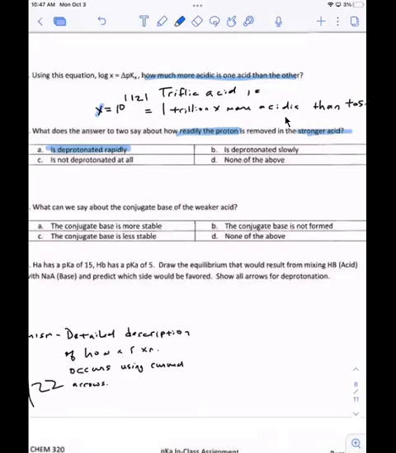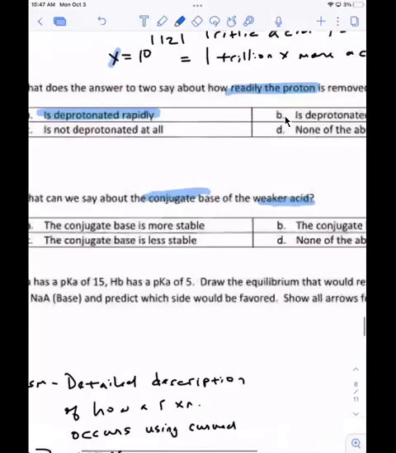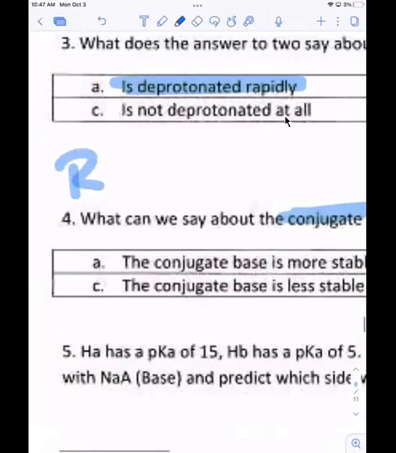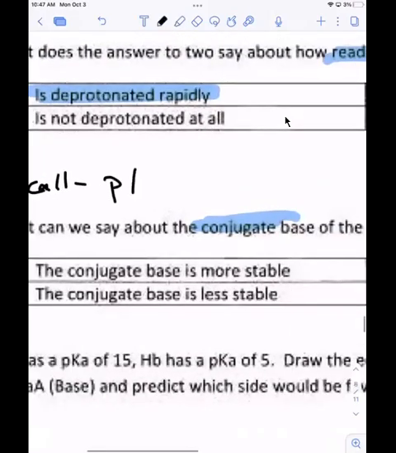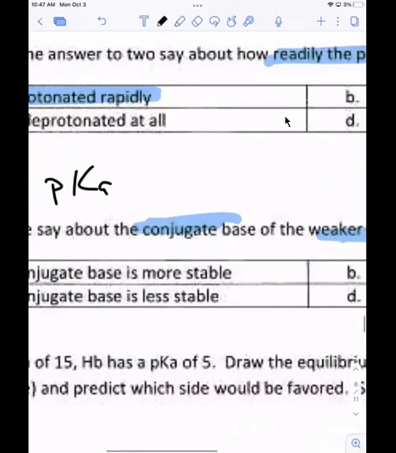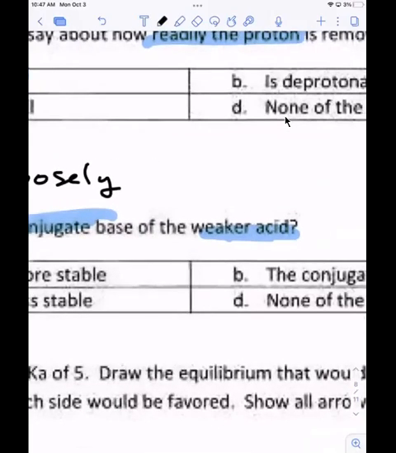What can we say about the conjugate base of the weaker acid based on the answers we have present? The pKa is loosely based on the stability of the conjugate base.